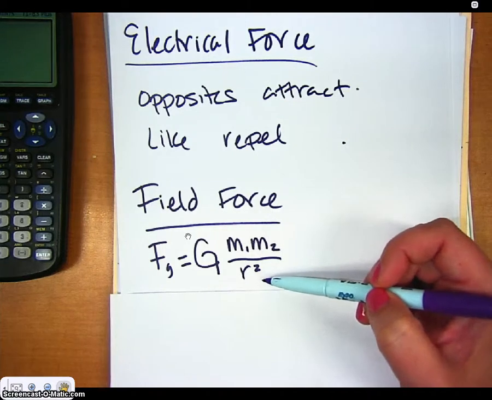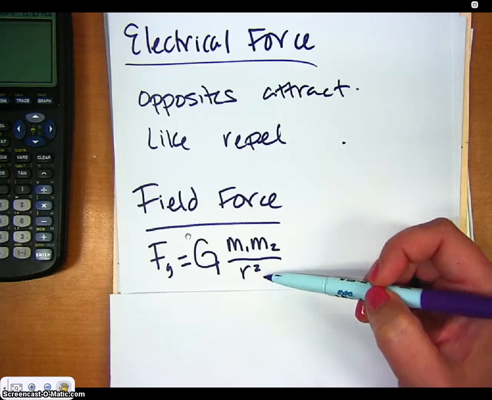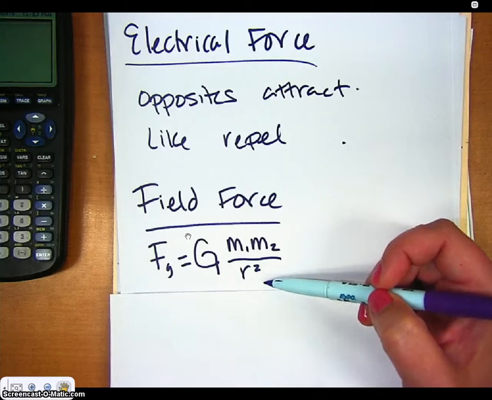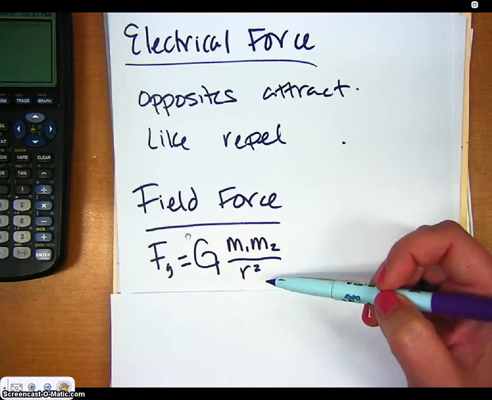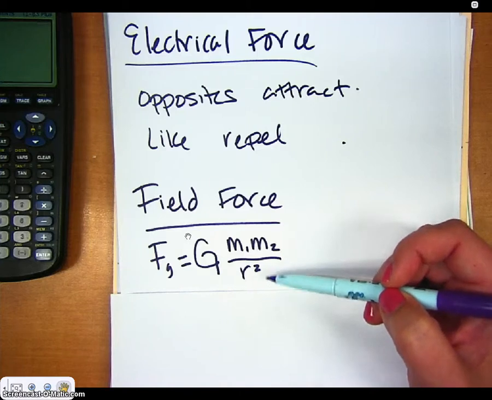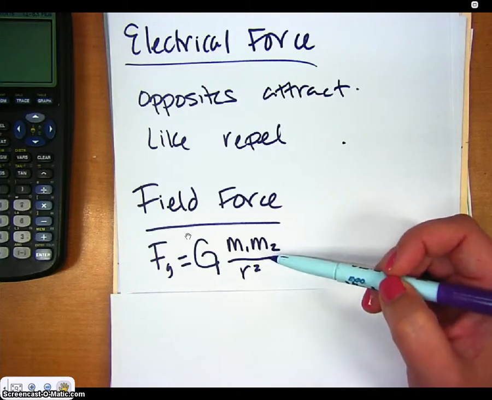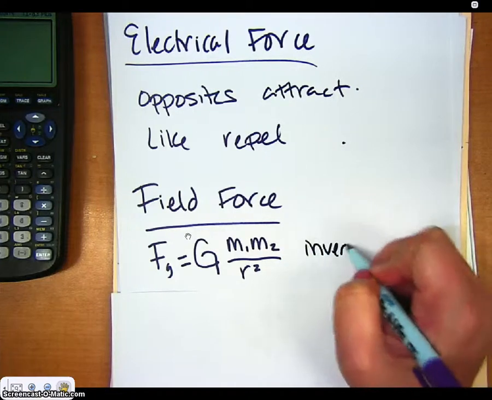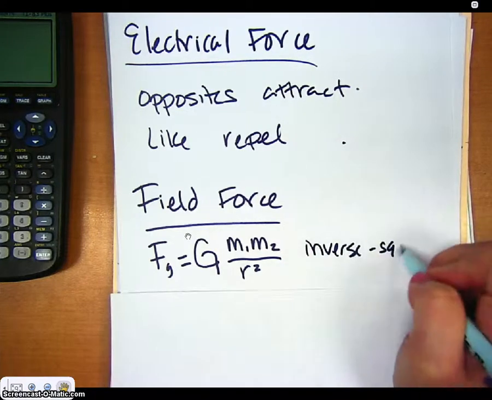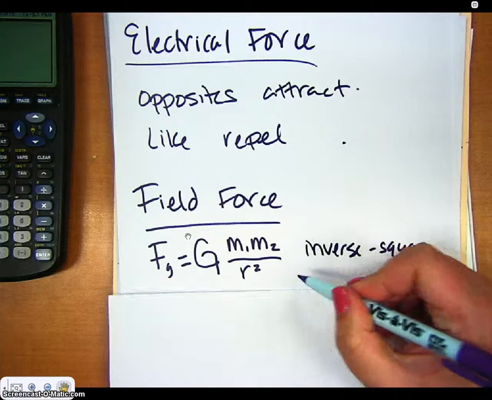The closer they are together, the stronger the force, and the further away, the weaker the force. Remember that this is squared on the bottom, so distance is really more important in determining the magnitude of force than the mass is. This is called an inverse square law because of the square on the bottom.